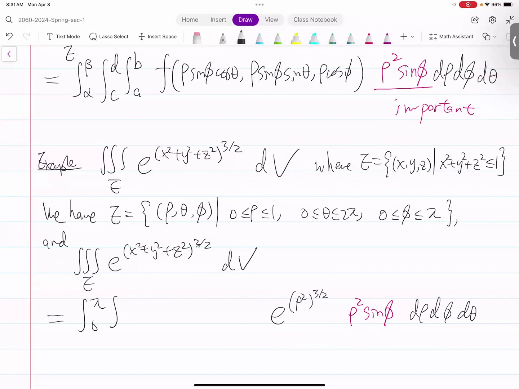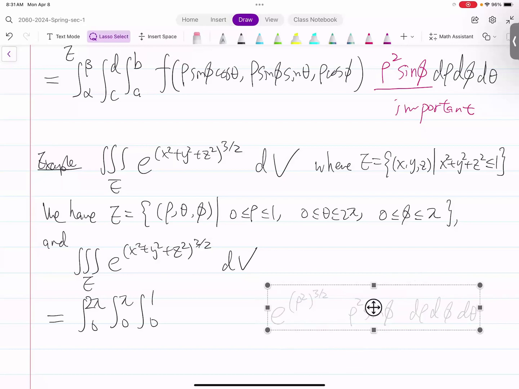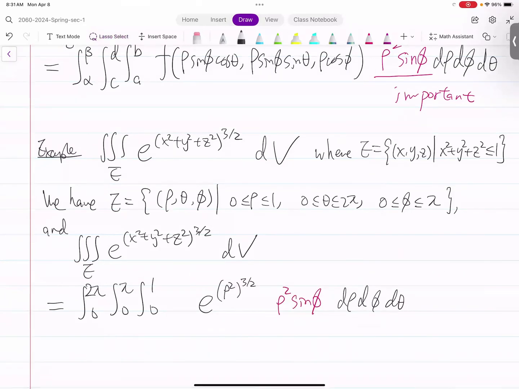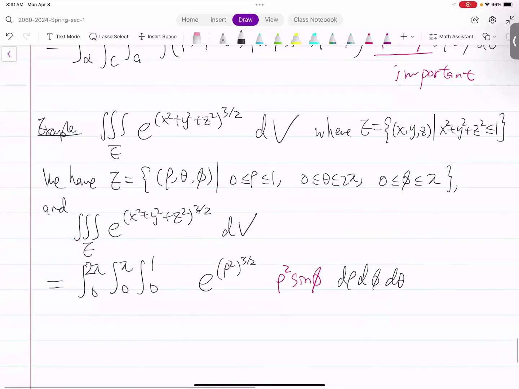Phi is between 0 and pi. And finally, rho is between 0 and 1. Okay, and that's it. So far so good. Any questions?